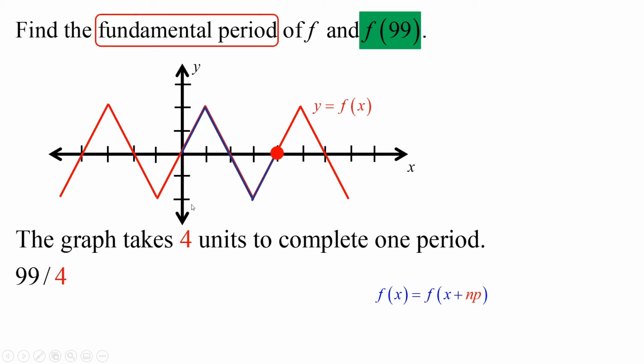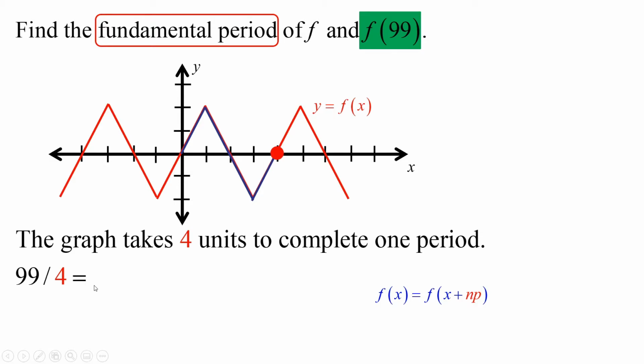If this pattern just keeps repeating, then I do this division and find the remainder. So how many times does 4 go into 99? Well, 4 times 24 would be 96.